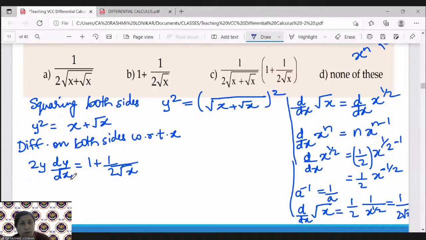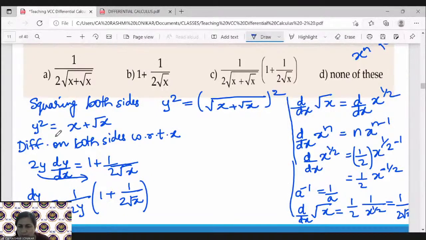Now, I only want dy by dx. So, I will have dy by dx. What will happen to 2y? It will come in the denominator here. So, this is 1 upon 2y into bracket 1 plus 1 upon 2 root x. Now, what is y? I will substitute y is equal to this thing, square root of x plus square root of x.